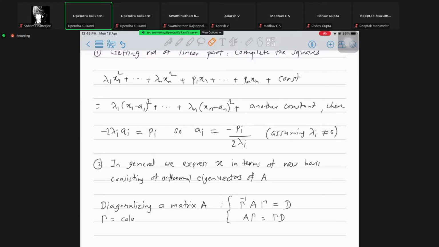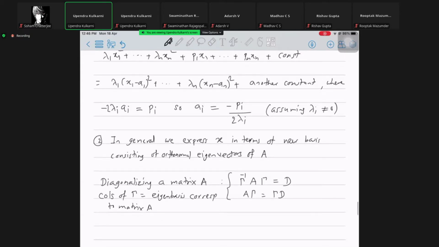The columns of gamma form an eigenbasis corresponding to matrix A. Right? That's what it means to diagonalize.